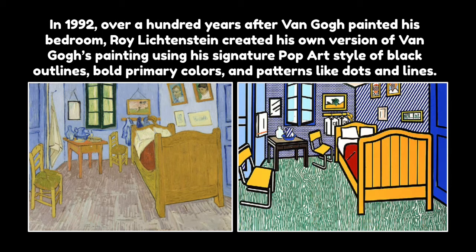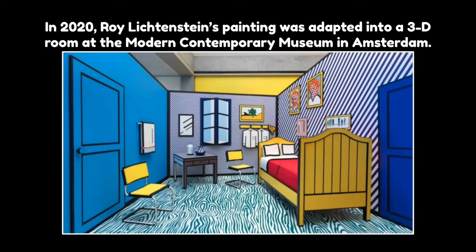So on the left, we see the original Van Gogh painting, and on the right, we see Roy Lichtenstein's version of it. We also saw how in 2020, Roy Lichtenstein's painting was adapted into a 3D room that you can walk into at the Modern Contemporary Museum in Amsterdam, which is in the country of the Netherlands.